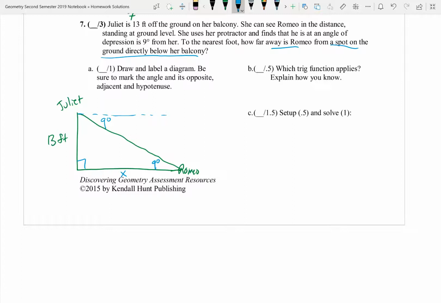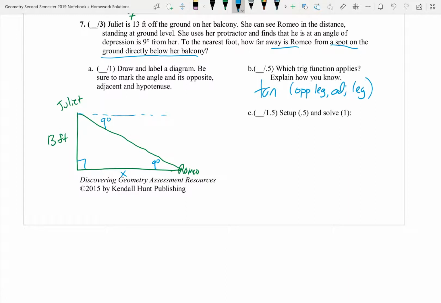So in this problem, you should see this setup here. And then which trig function applies? Well, since we're dealing with the legs and not the hypotenuse, we're going to use tan, since we have the opposite leg and adjacent leg. That's why.